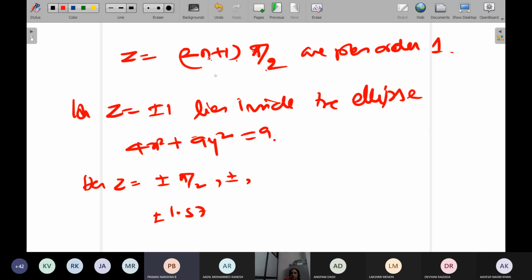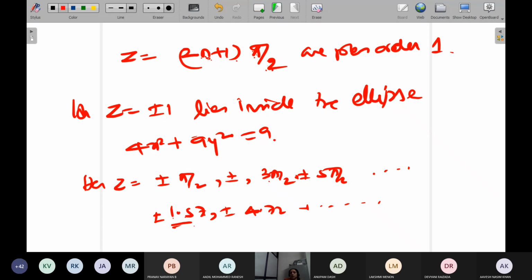So when I put n equal to 0, I get pi by 2. When I put n equal to 1, I get 3 pi by 2, plus or minus 5 pi by 2 and so on. So I'm getting plus or minus 1.57, then 3 times 1.57, which is 4.71, and so on.